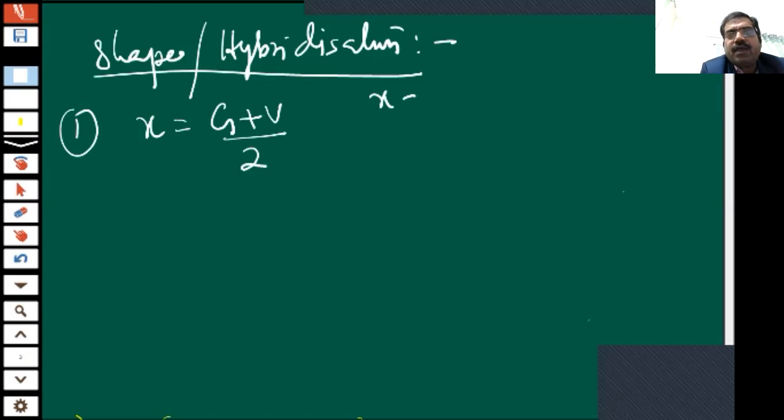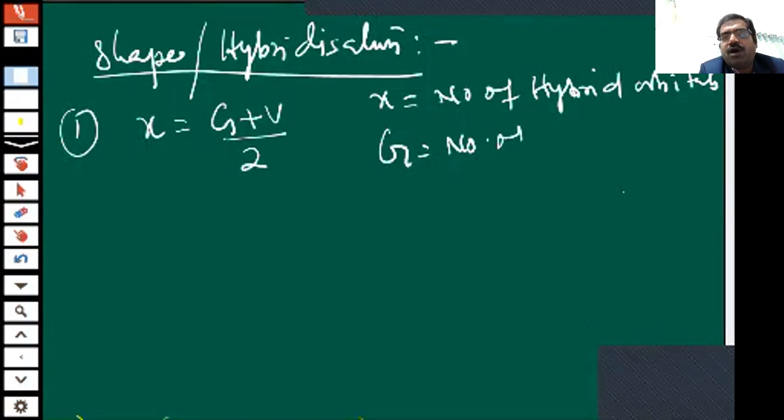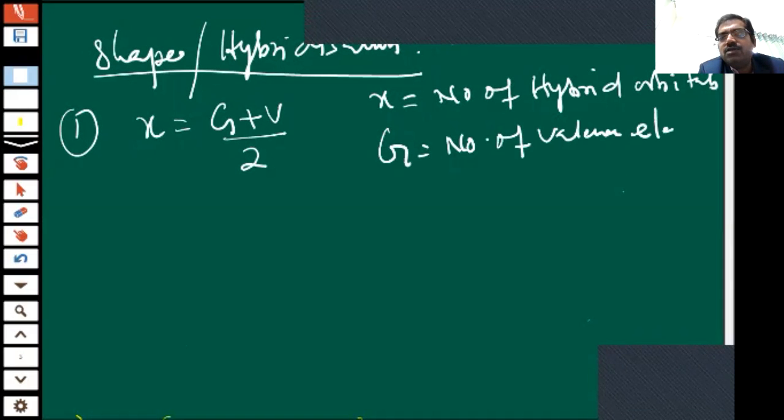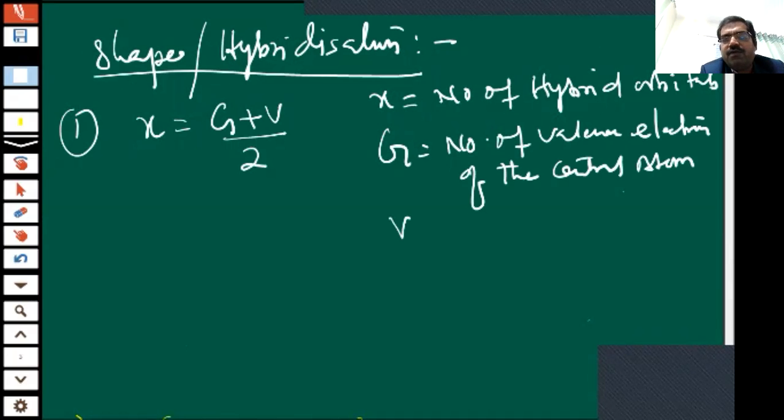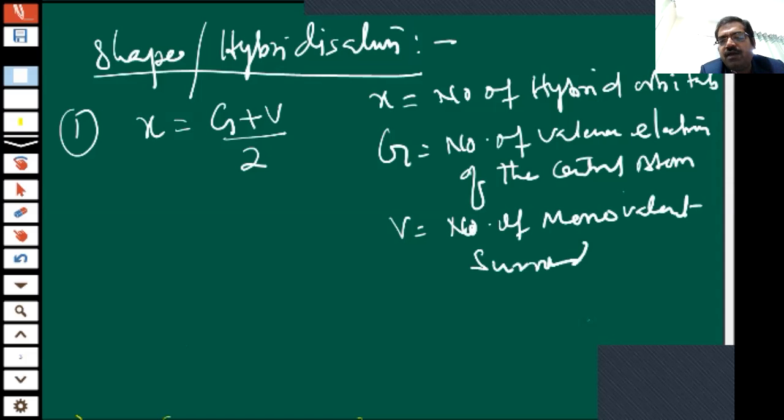Here X is the number of hybrid orbitals, G is the number of valence electrons of the central atom, and V is the number of monovalent surrounding atoms, like fluorine, chlorine, bromine.